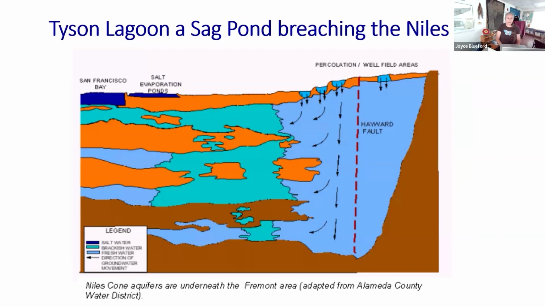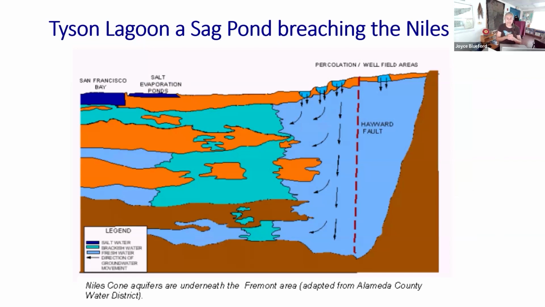Now, why in the world do we have Tyson's Lagoon? And why did I say it's been here for at least 4,000 years? Well, that's because this area used to be almost like a savanna-type area with lots of water from the Central Valley. And all this water kind of got stuck here in what we call the Niles Cone. And the blue area is rock, it's sandstone, that actually can hold water within its pores.